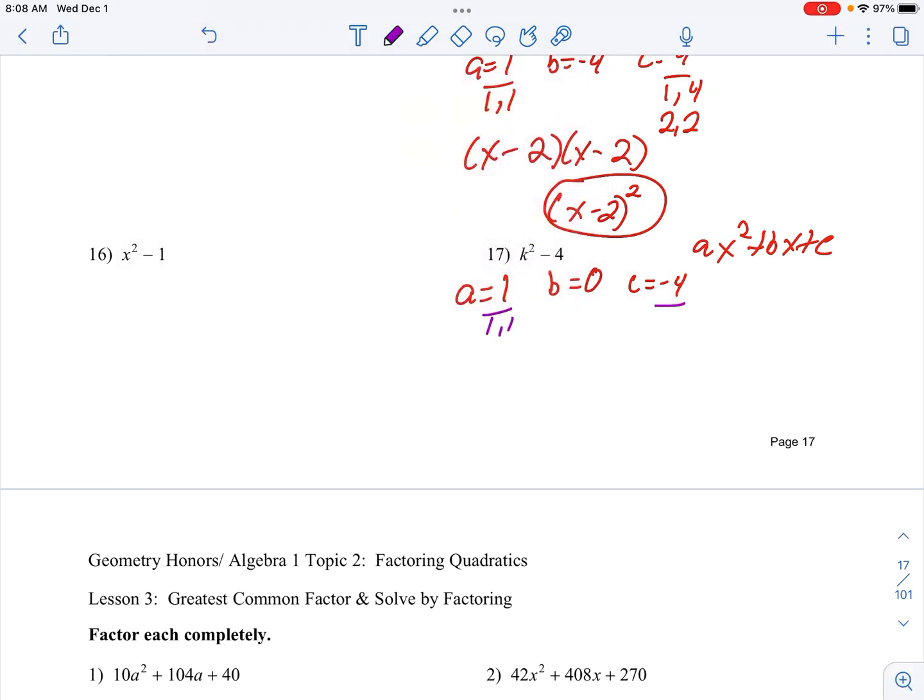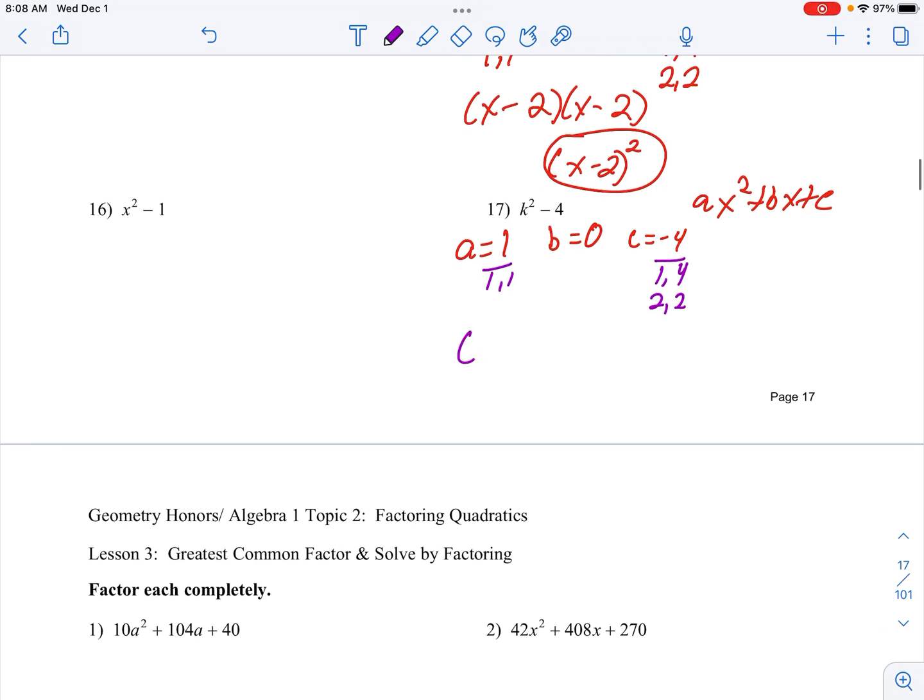A is 1, B is 0, C is negative 4, so 1 and 4, 2 and 2. And the A sets up my two quantities. Again, I gotta keep in mind my signs. It's a negative 4, so I gotta have opposites, one of each. Where they go, how do you get a 0? That's part of, again, what we're working on today.